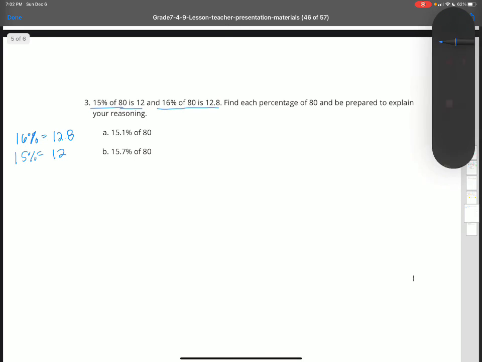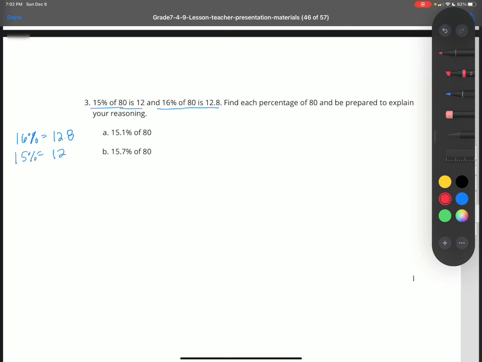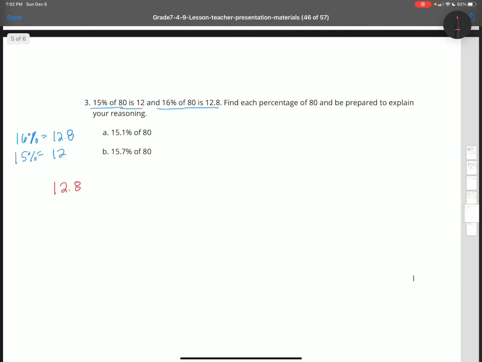What I can do with those two numbers is I can subtract them. 12.8 minus 12 will give me 0.8. That's the difference between the two. Okay, it'll be 0.8, because the 12s will cancel out.